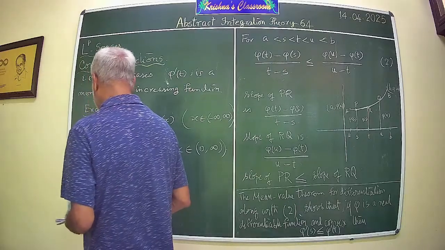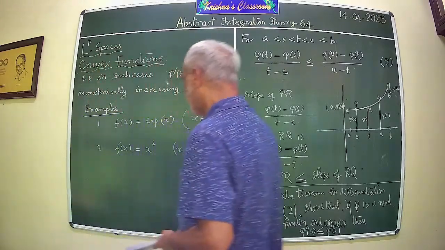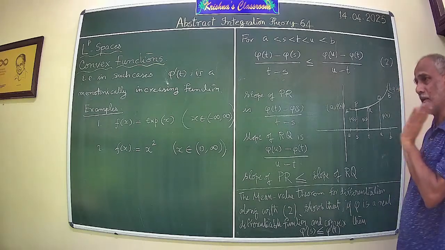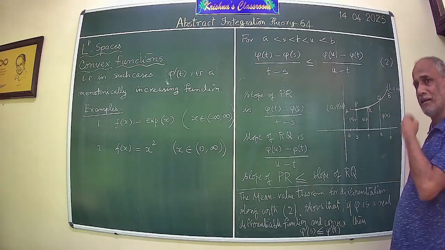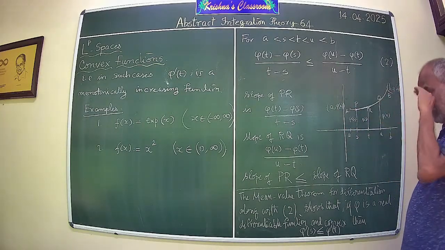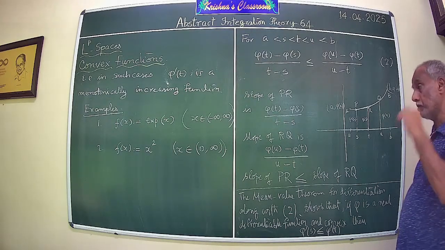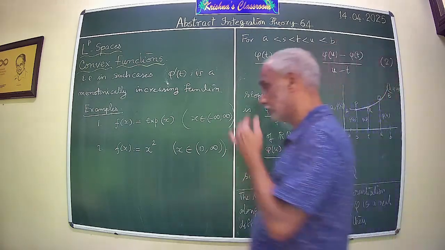Now you can examine what happens to the function f(x) equal to x to the power n if you consider it on the line from minus infinity to 0. Okay.